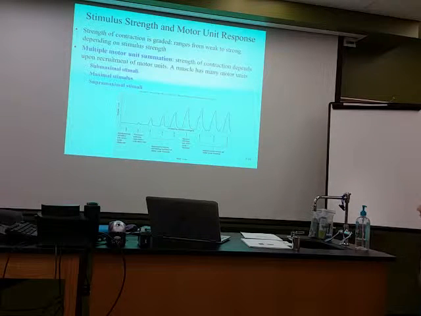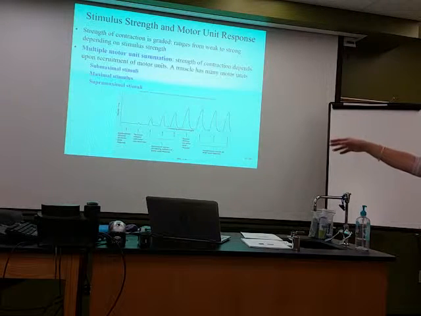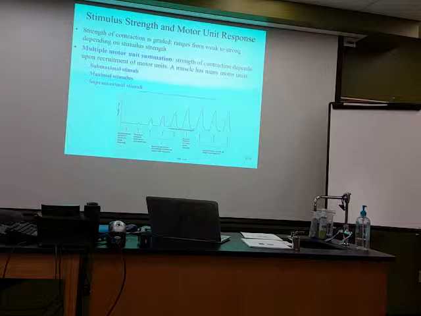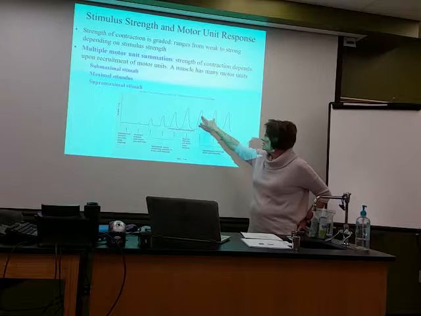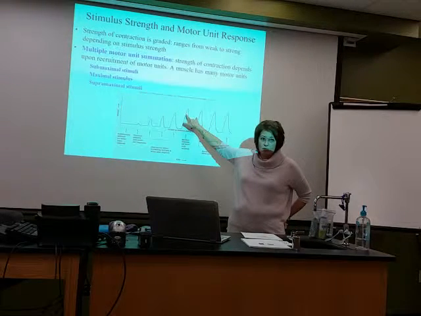So our stimulus could be submaximal. We could have it at threshold. We can actually go above threshold, all right? That maximum stimulus. If it goes above the maximum, remember, the only response we can get is what the muscle can give at maximum.